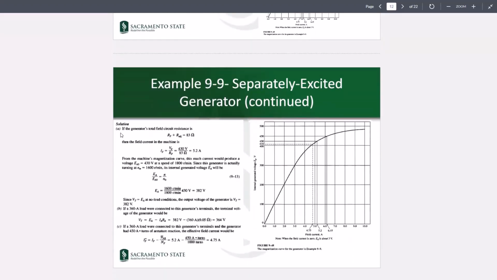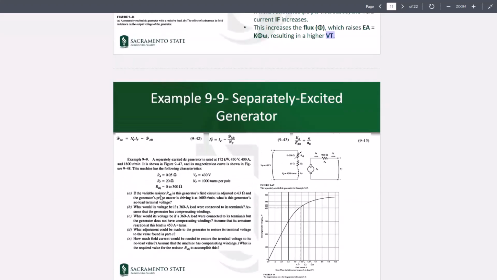So in part A, the overall field circuit of RF plus R adjustable equal to 83 ohms would create an IF equal to 5.2 amps. Through the magnetization characteristic of your generator, for 5.2 amps you would get 430 volts. However, we should pay attention to the fact that this curve was extracted at a certain rotational speed of your rotor, which is 1800.